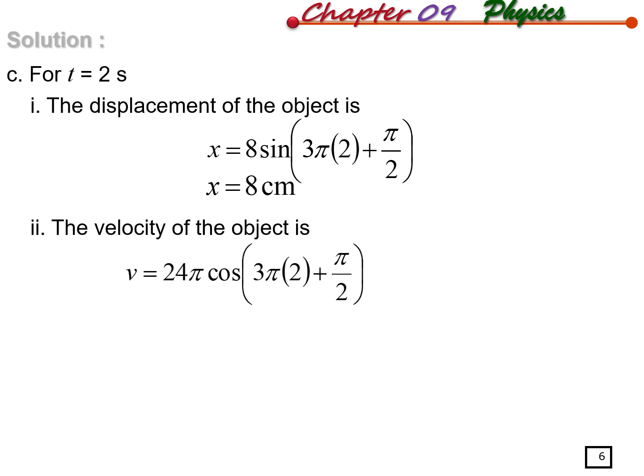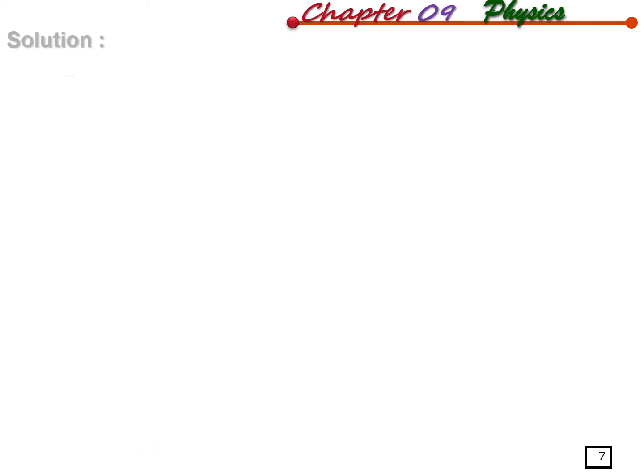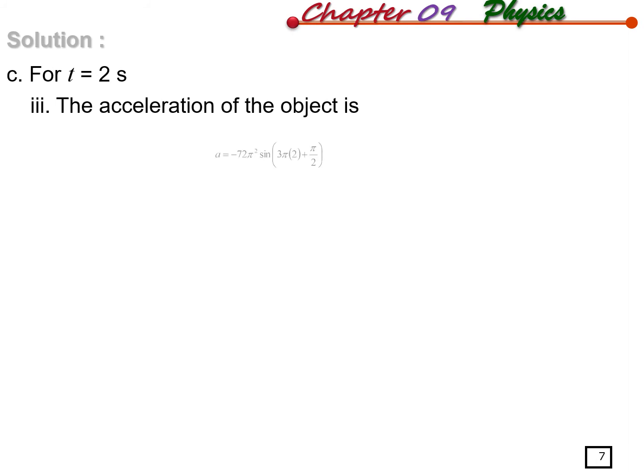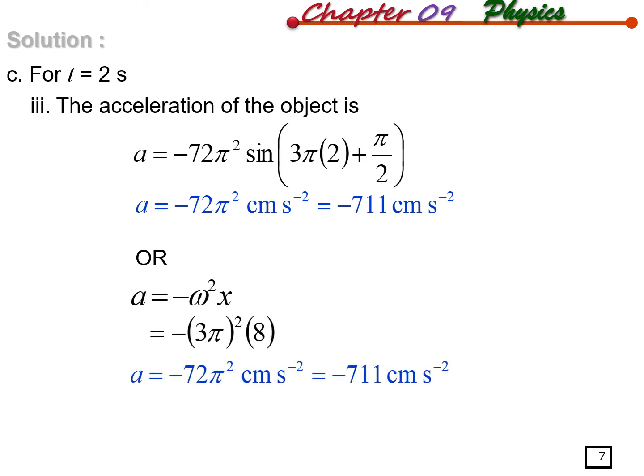Since we also have the equation for velocity, just replace in the given value of t to determine the final answer. The same thing goes for the acceleration. With t given as 2, determine the value of acceleration, which will end up with 72 pi square or negative 711 cm per second square.